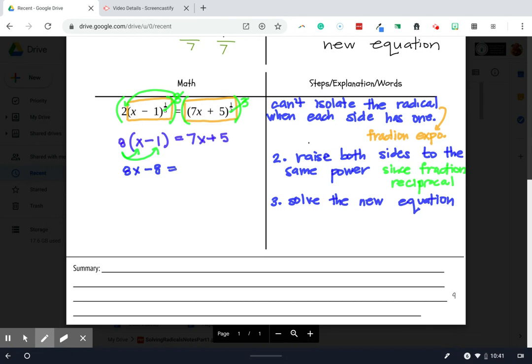After we distribute, we're going to get all our x's on the same side. And then we're going to move that constant term over and get a final answer of x equals 13.